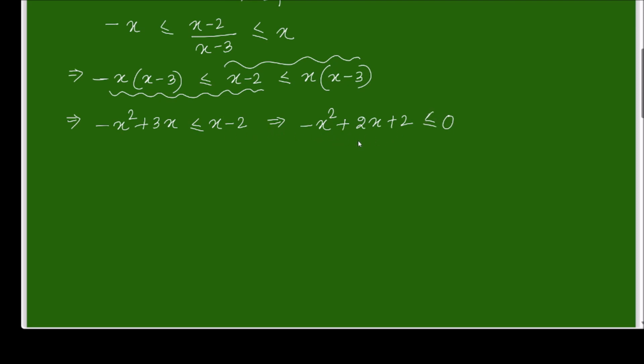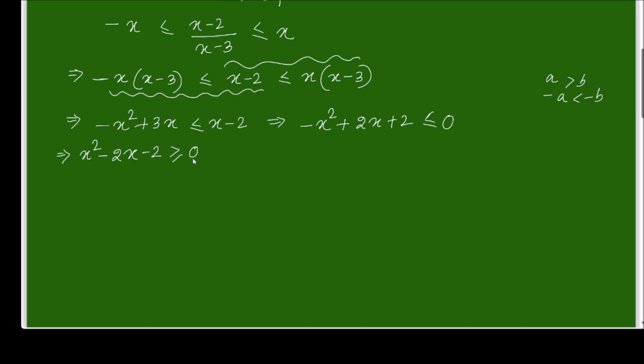But we are more comfortable when x square is positive. So to make it positive, I will multiply by a negative sign, but at that time the sign of the inequality is changed. Why? If a is greater than b, negative a is less than negative b, we know. So I'll write x square minus 2x minus 2 is greater than or equal to 0.